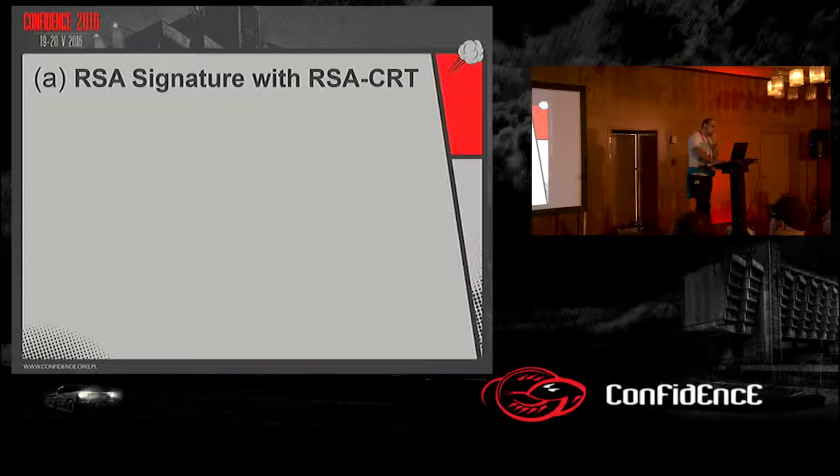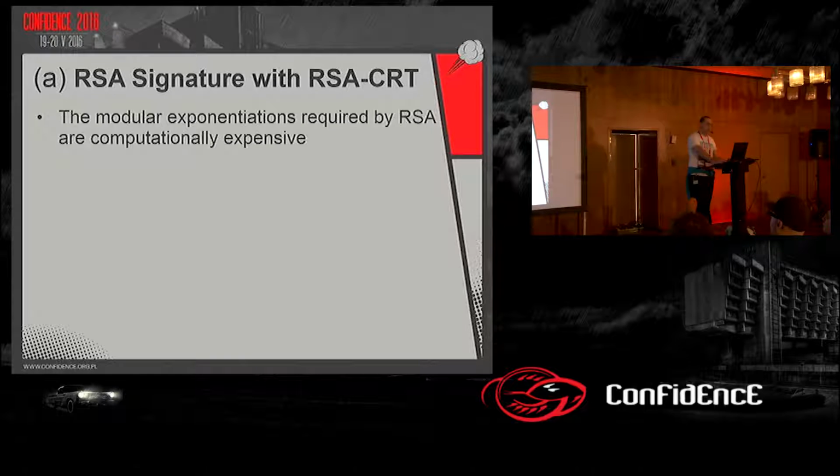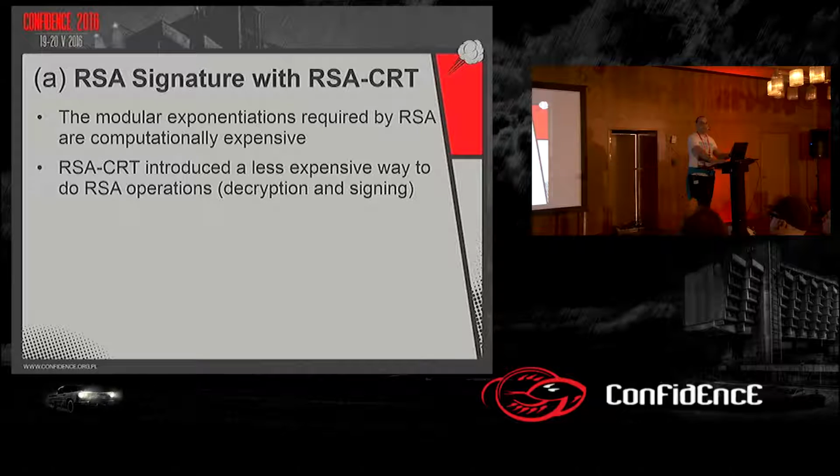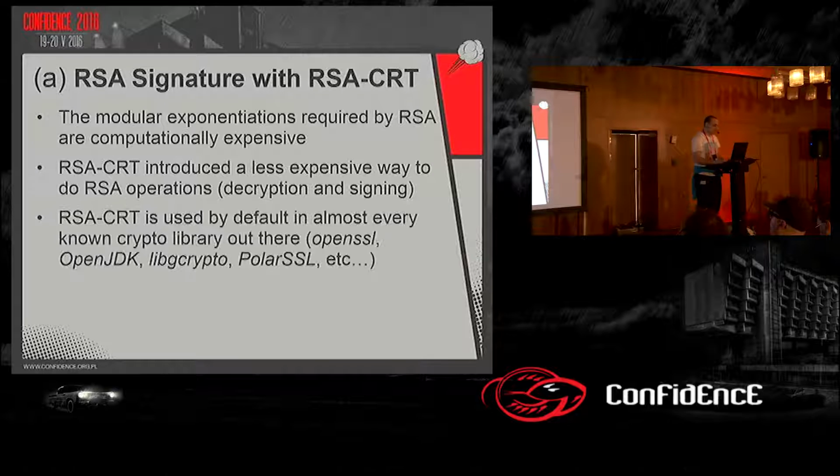So the first precondition is an RSA signature, calculated with RSA-CRT. Actually, RSA operations are quite expensive, computationally speaking. So RSA-CRT was introduced to provide a less expensive way to do RSA operations, mainly decryption and signing.